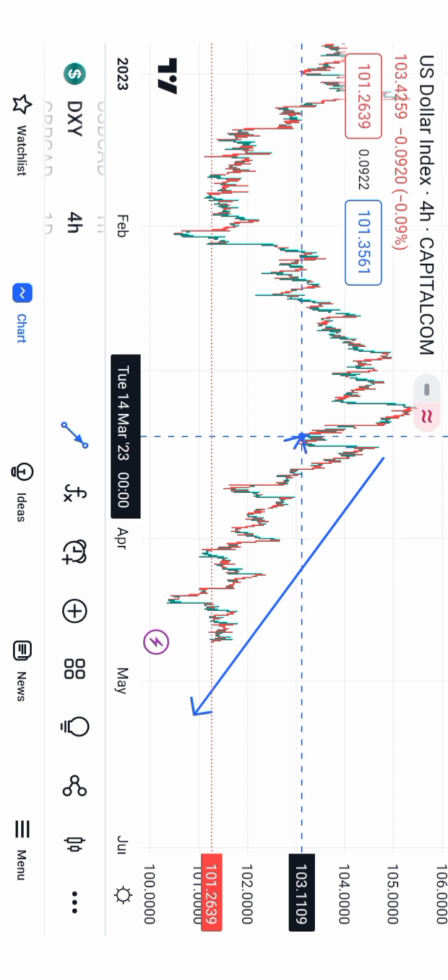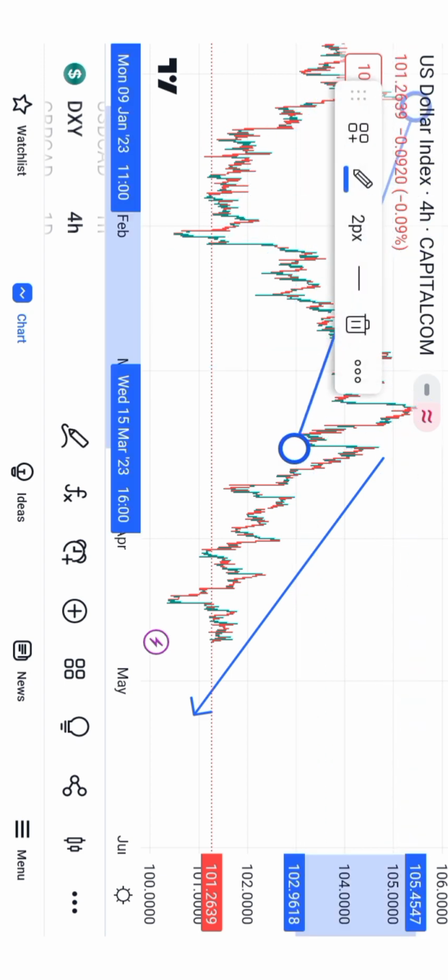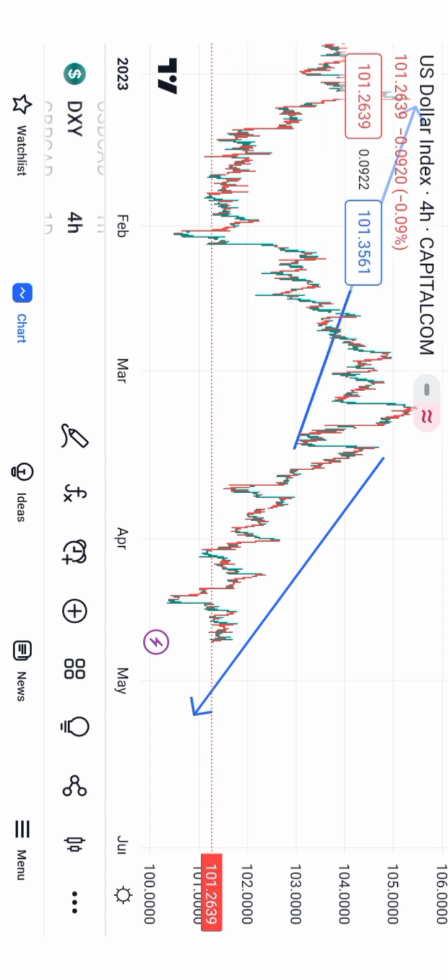Just to take your attention, we are on the US dollar index. It is a currency pair that describes the power of the dollar, how the dollar moves, whether the dollar is weak or strong. There are criteria you use when the dollar is weak and when the dollar is strong. There are advantages that you take of the market.